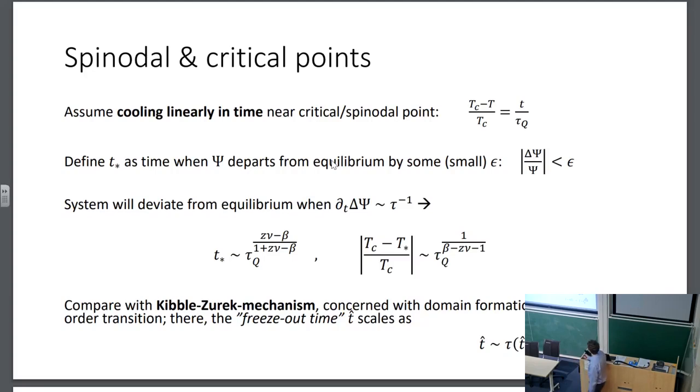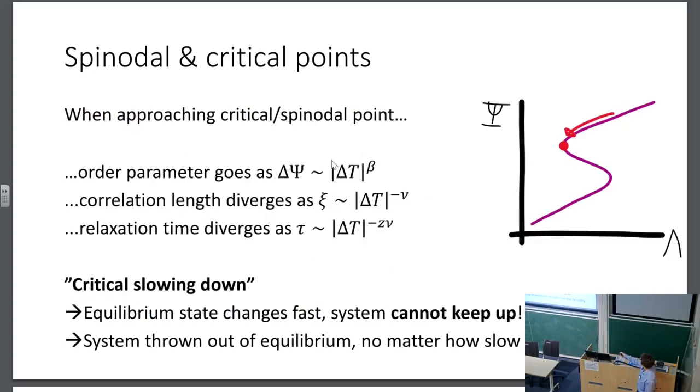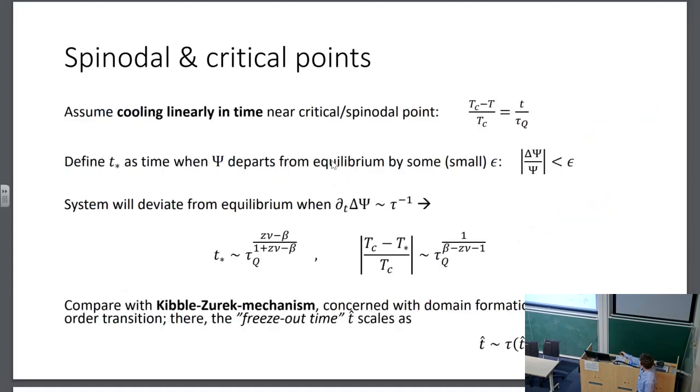Okay, and if I then take the derivative of how fast psi changes in time, and compare it to the decay rate, or the inverse of the relaxation time, I get these scaling relationships. So it's a little bit similar, but also different from Kibble-Zurek. I can come back to that later.